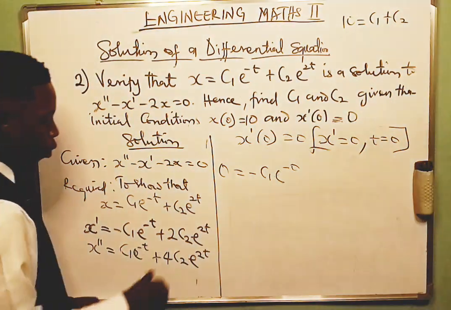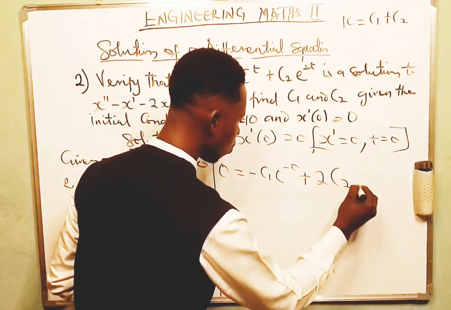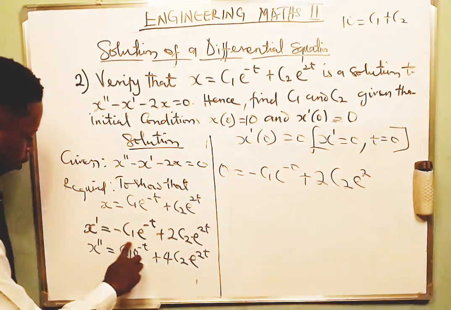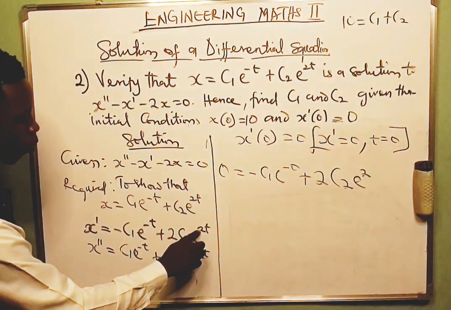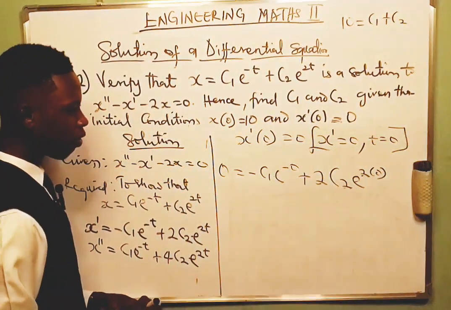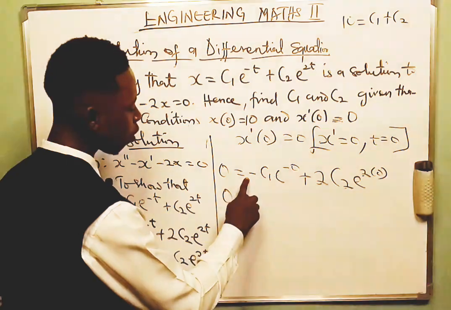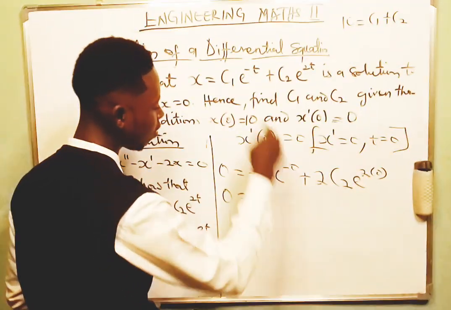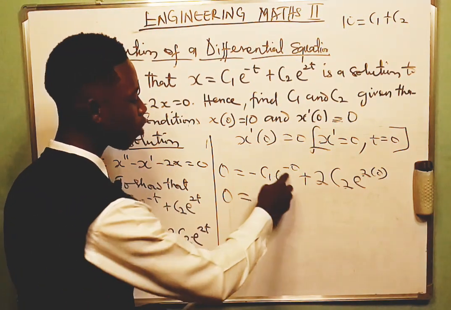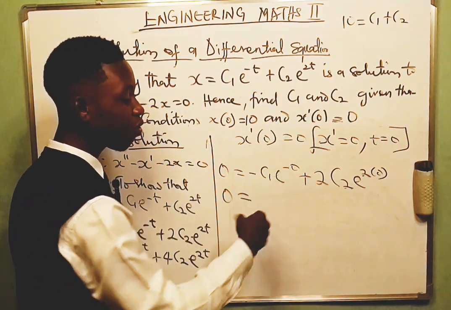Now I have here plus 2C2 exponential 2t. Don't forget what we have here: 2C2 exponential 2t, where t will give us 0. Now you have 0 equal to minus C1 exponential minus 0, which is exponential 0, giving us 1, because minus 0 is equal to 0.